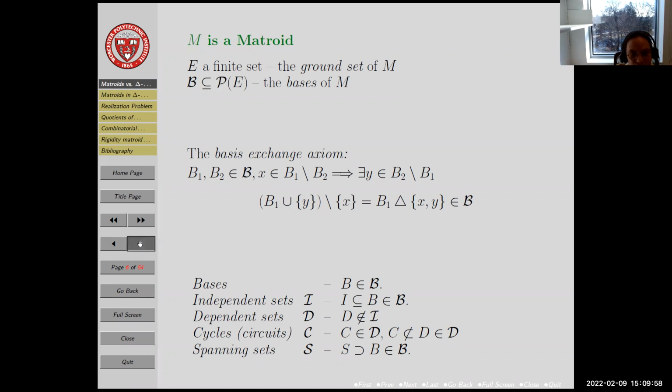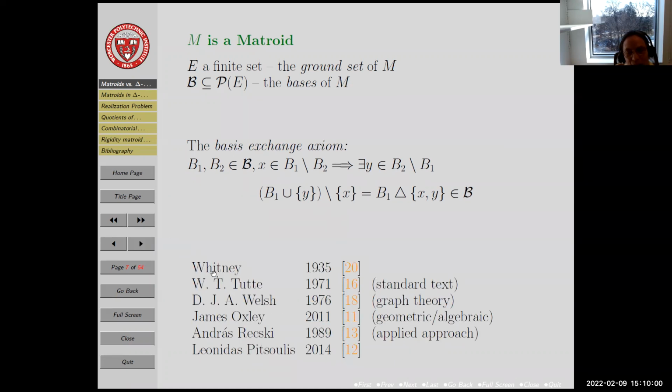And so this was really the achievement of Whitney in 1935, that he wrote this wonderful paper detailing all these approaches already. But the paper lay dormant for many, many years until Tutte came around and talked about combinatorial geometries.